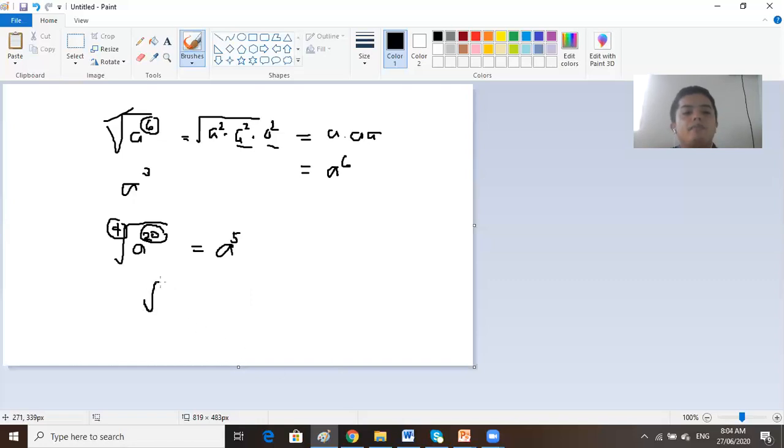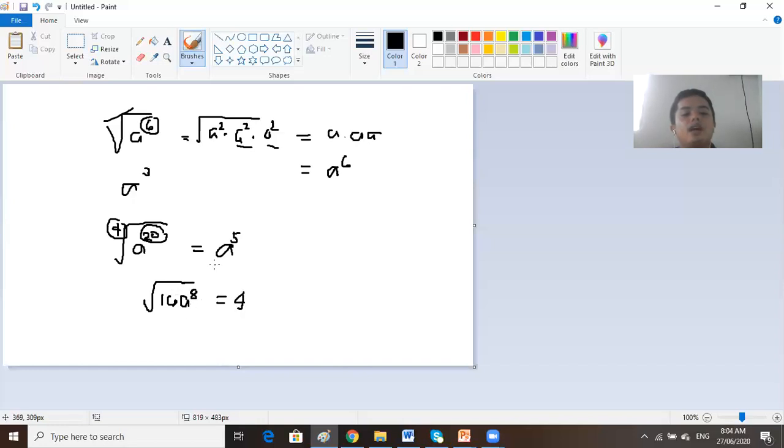If it involves a number, like for example the square root of 16a^8, what is the square root of 16? That is 4. What is the square root of a^8?